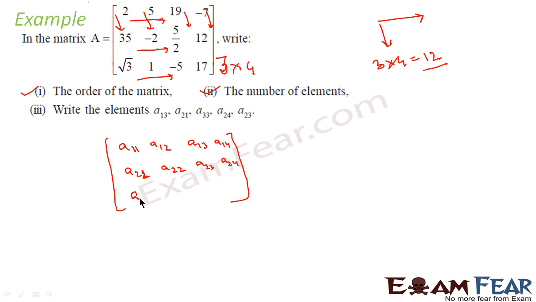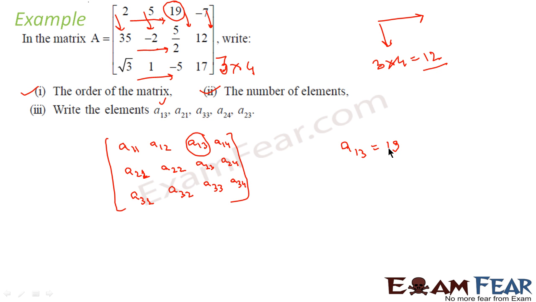Similarly, this becomes A31, A32, A33 and this is A34. So we are supposed to find first A13. So A13 is this element. You see this element corresponds to 19. So we can say that A13 is nothing but 19.